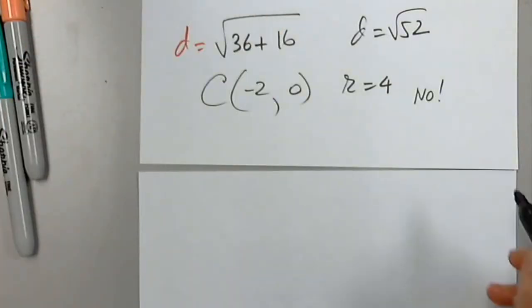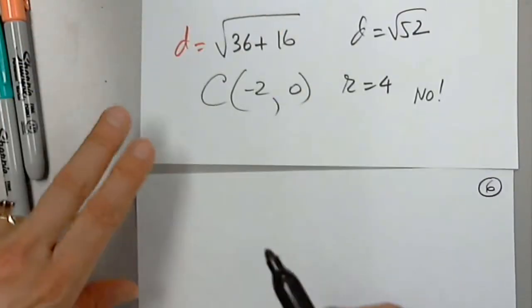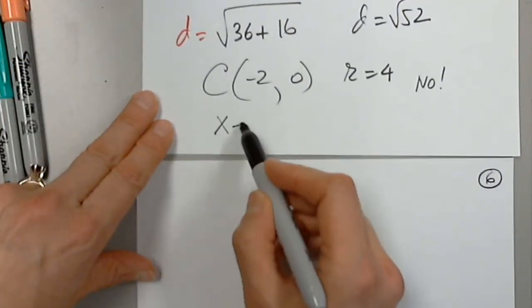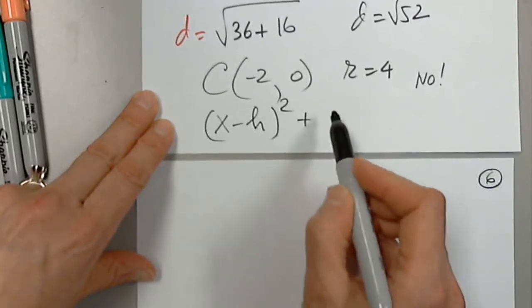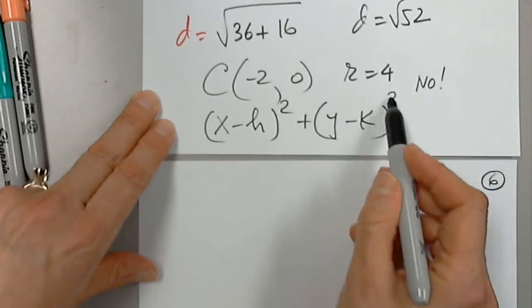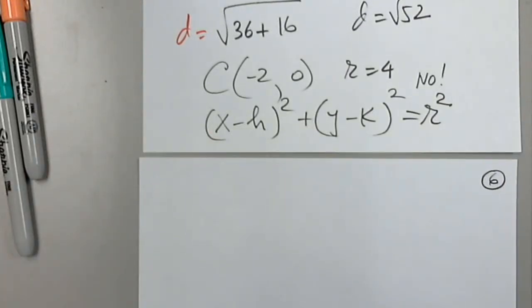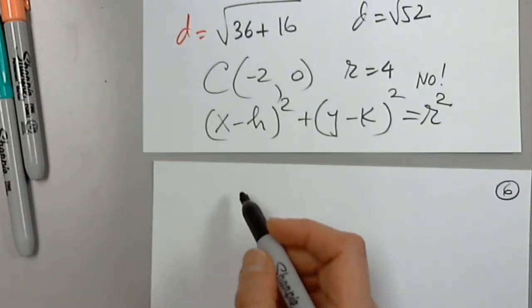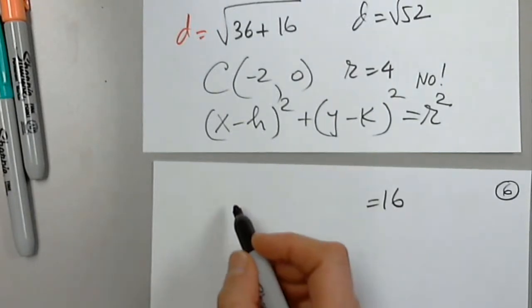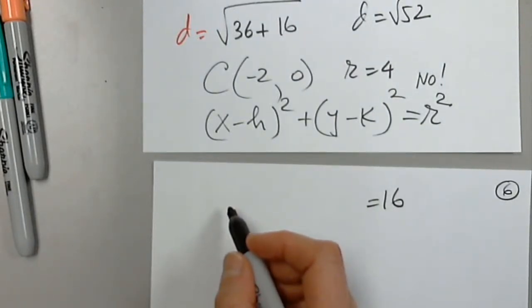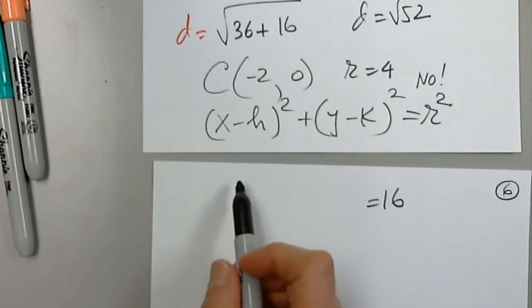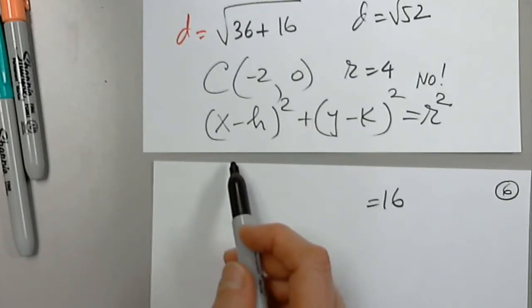Let me write the equation here for you. x minus h squared plus y minus k squared equals r squared. Everything is equal to 16. x minus -2, minus... what would be h?